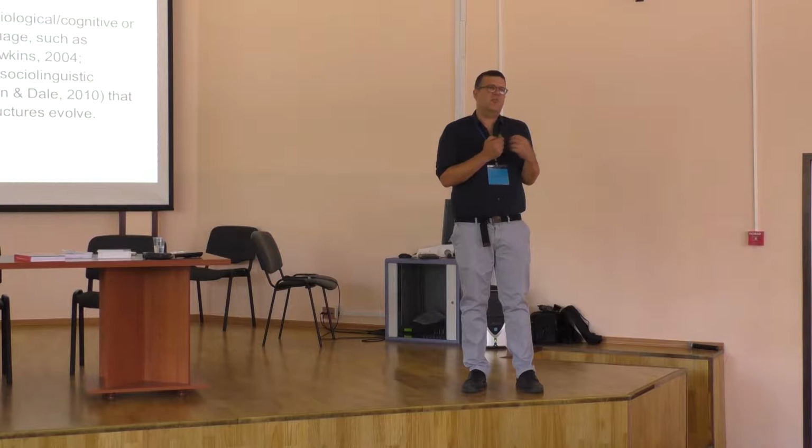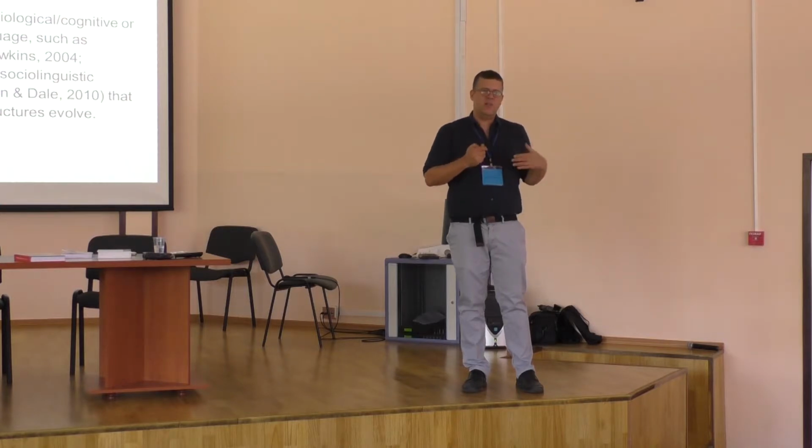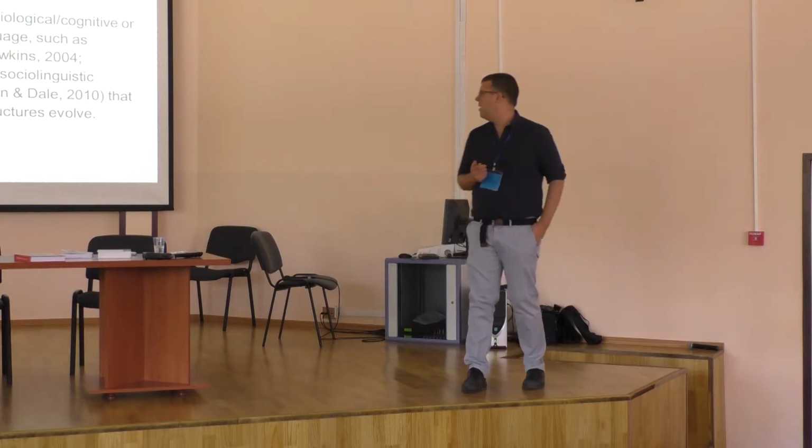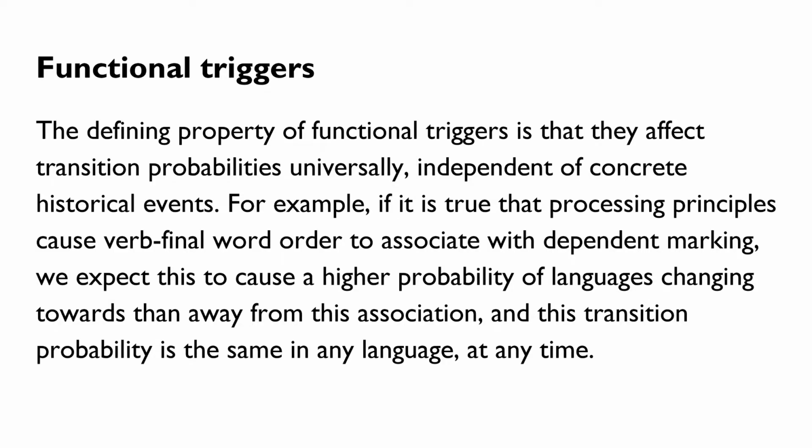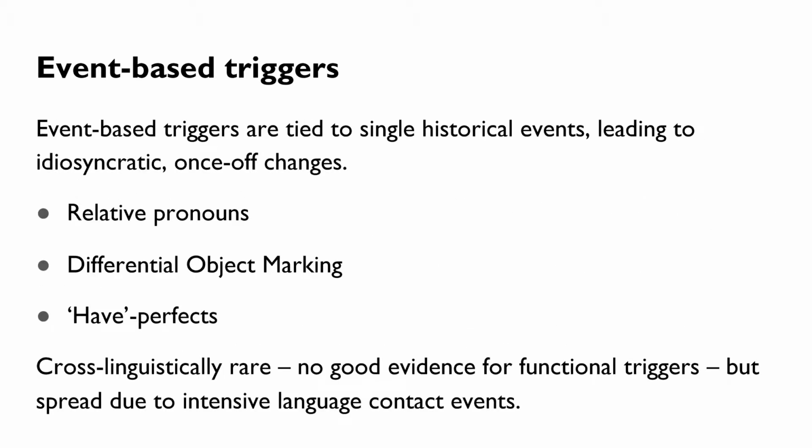So for example, let's say we find an effect that languages spoken by many speakers tend to do X, let's say this is a sociolinguistic universal, right? So we would expect this to have the same probability in any case of happening. Right. As opposed to event-based triggers or theories or causal factors, which are, again, basically about language contact.